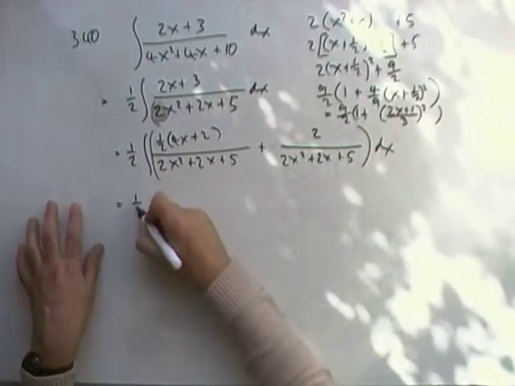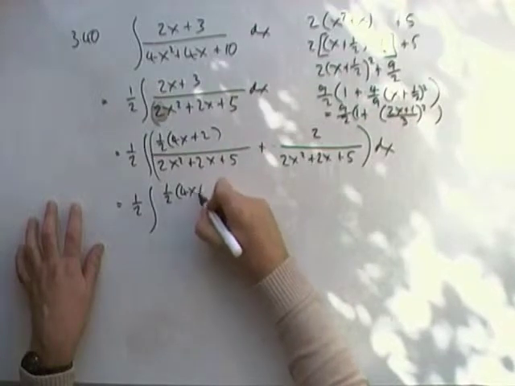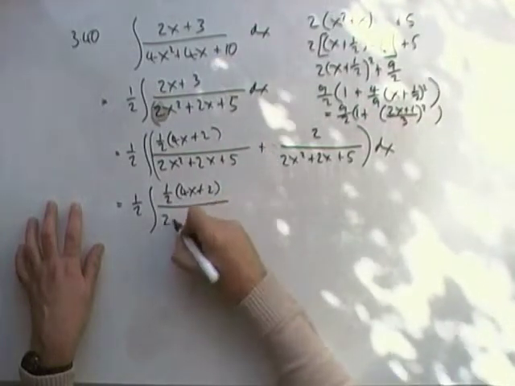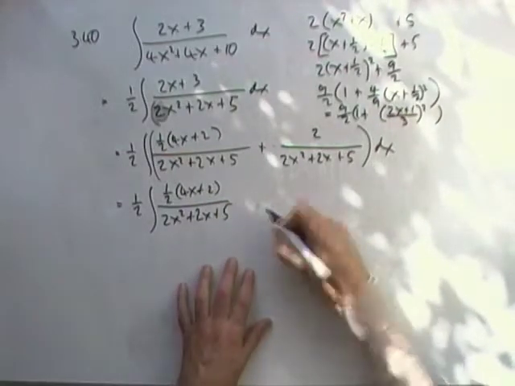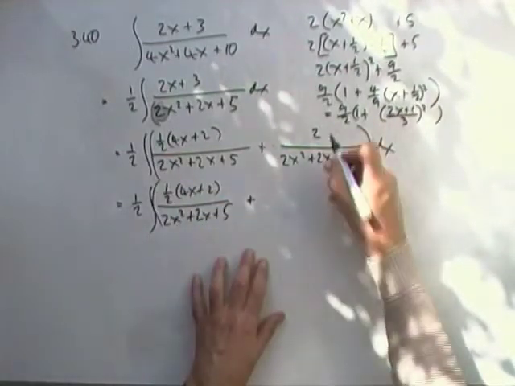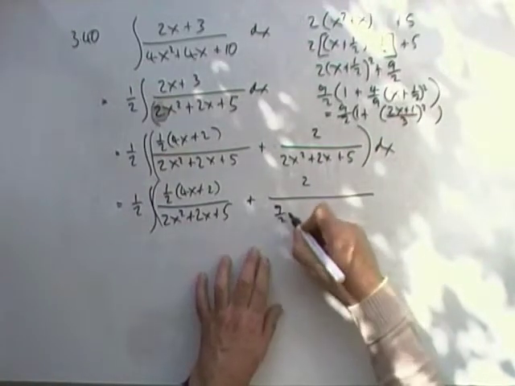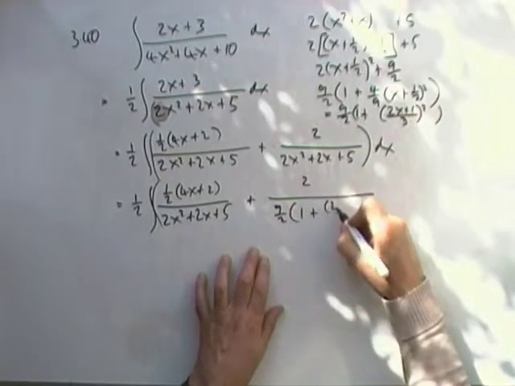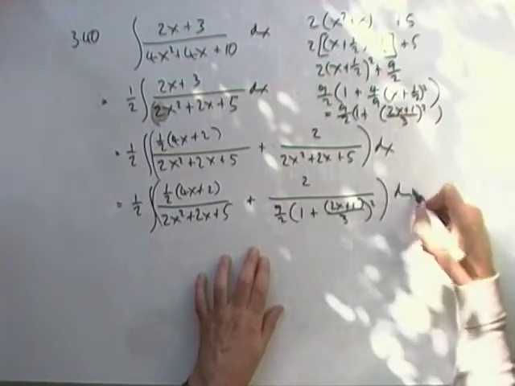So this is going to become a half of, now I could have resolved this just now, half of (4x plus 2) all over (2x squared plus 2x plus 5), plus 2 over 9 upon 2 times 1 plus (2x plus 1 upon 3) squared dx.